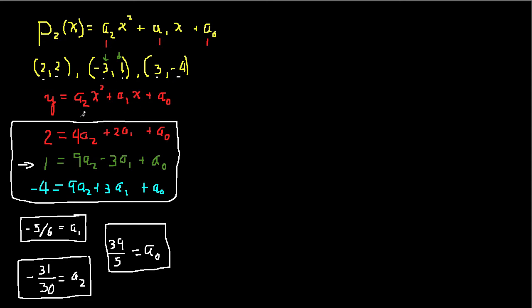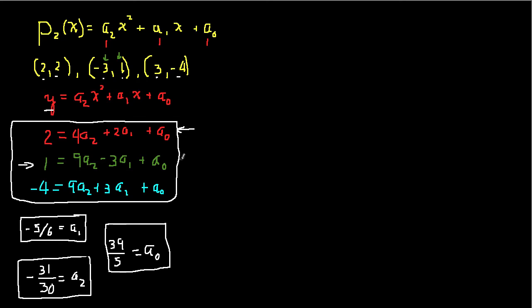Now, you can write the equation of the parabola as I have shown here. I've said y is equal to a2x squared plus a1x plus a0. In my previous video, I used the fact that each one of these points leads to a different equation that has to be solved by the coefficients a0 through a2.